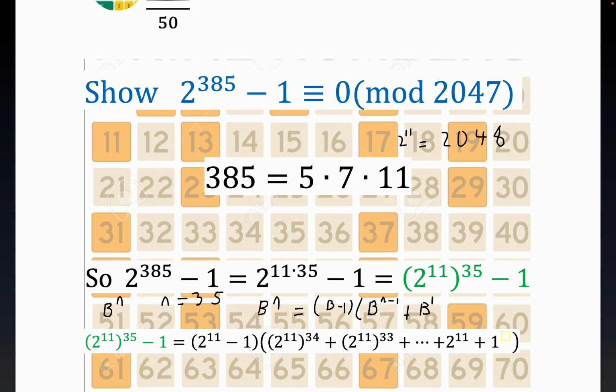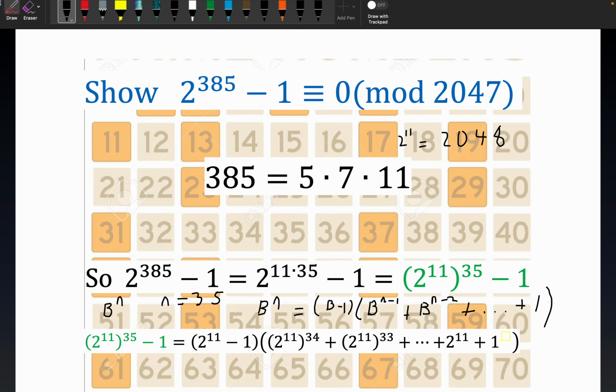There's a lot of cancellation going on due to the presence of the minus sign. I'll leave out the rest, but that's the pattern that prevails here. A very common factoring form, and so you can see exactly what's going on here.